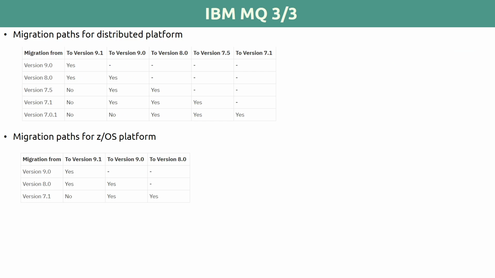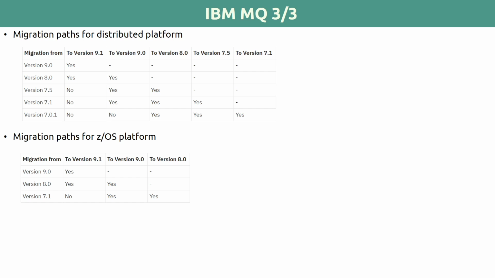So if we look at the table, what are the supported migration paths for the distributed platform, meaning all of the Intel platforms. If you are migrating from version 8, let's say, of course you can migrate to version 9.1 or 9.0.